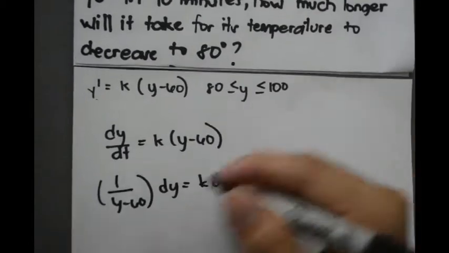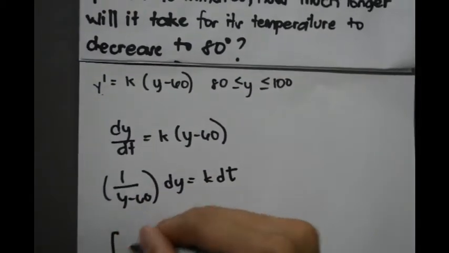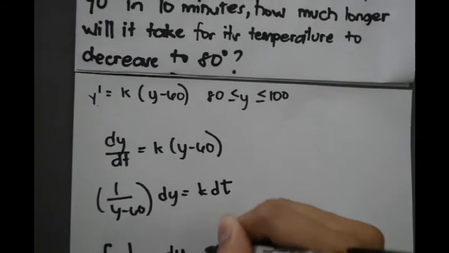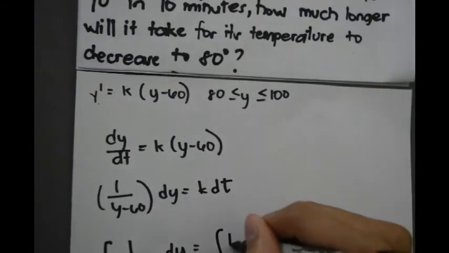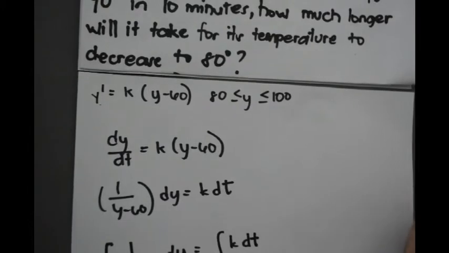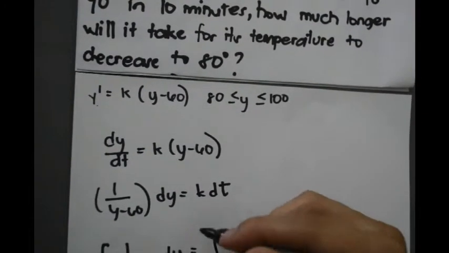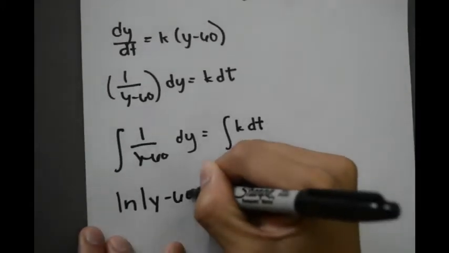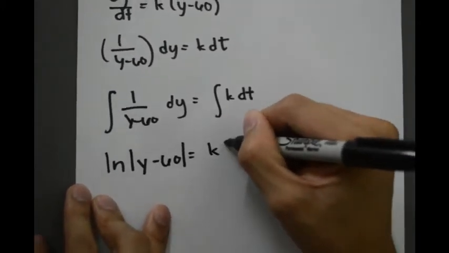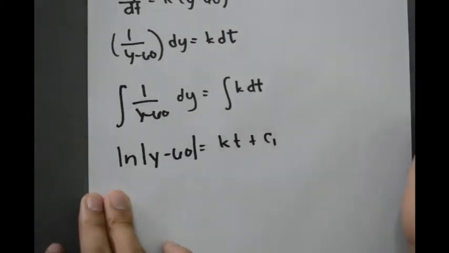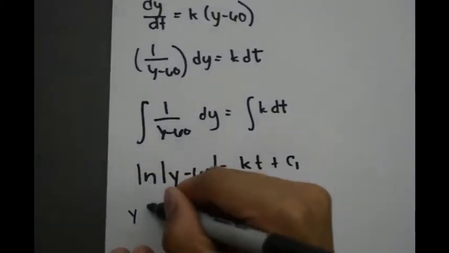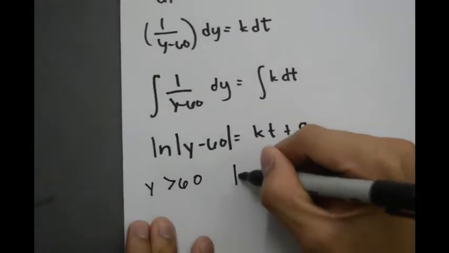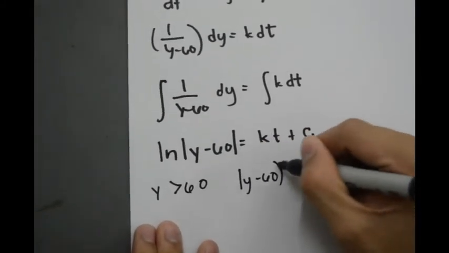Integrating each side, the integral of 1 over y minus 60 dy is equal to the integral of k dt. Finding the antiderivative of each side gives ln absolute value of y minus 60 is equal to kt plus c1.